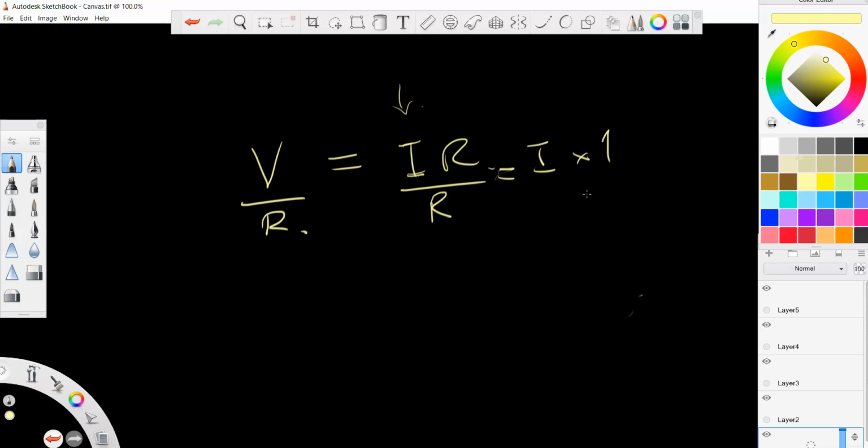It's the number which, when multiplied by something else, doesn't change it, what they call the identity. Okay, so multiplying 1 by anything doesn't change that thing. Multiplying anything by 1 doesn't change it. So what we have here is I equals V divided by R.